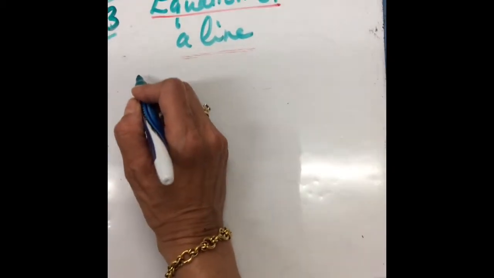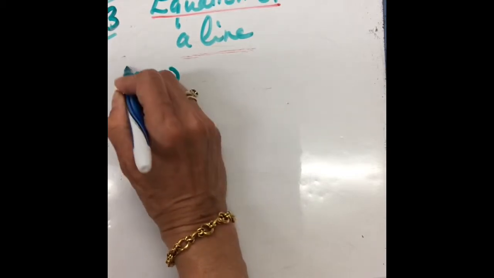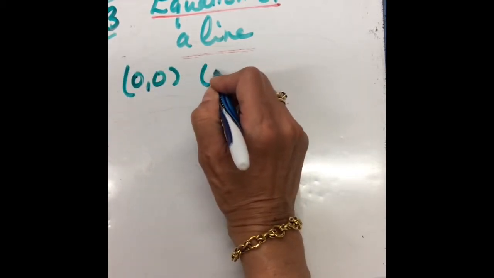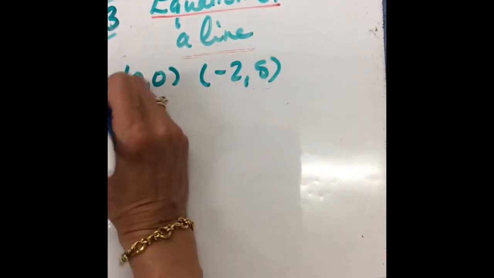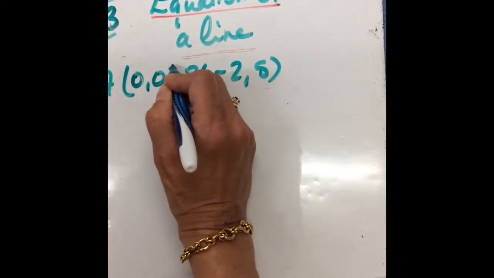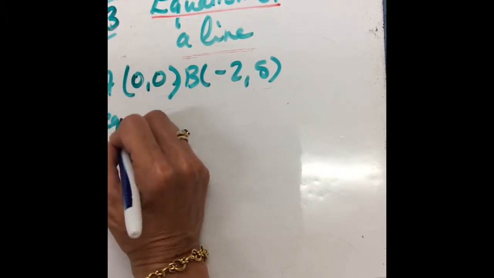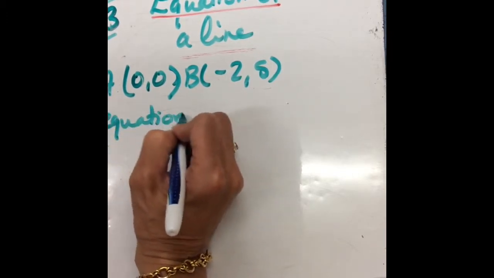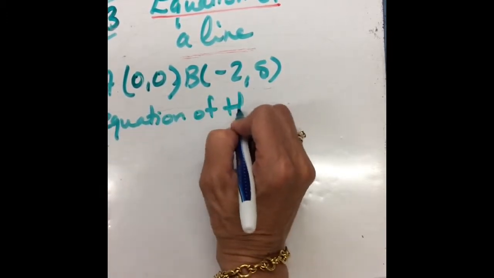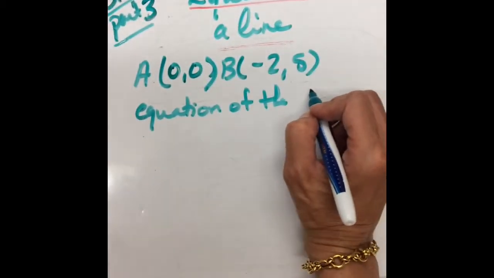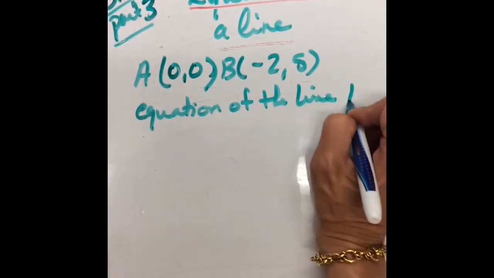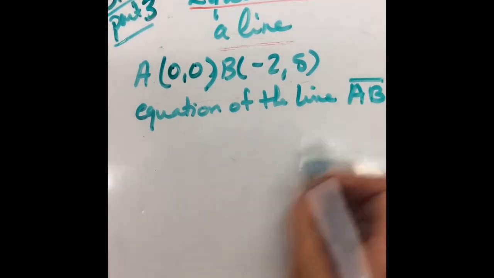If we are given the point 0, 0 and -2, 5, let's label them A and B. And we want to know the equation of the line AB.